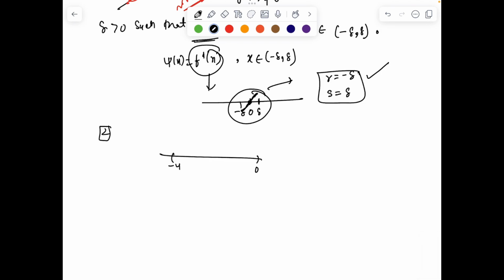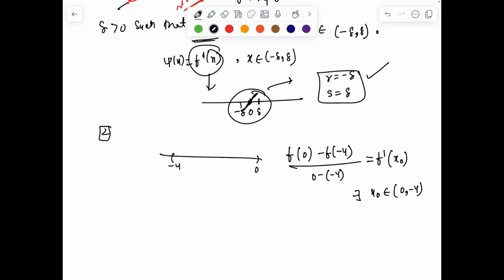In this interval, I'm going to apply straightforward Lagrange's mean value theorem. So we know f of 0 minus f of minus 4, divided by 0 minus minus 4, equals f dash x naught for some x naught belonging to minus 4 to 0. This is directly from LMVT since the function is continuous and differentiable in this interval.